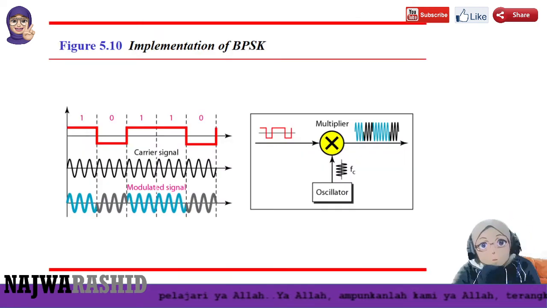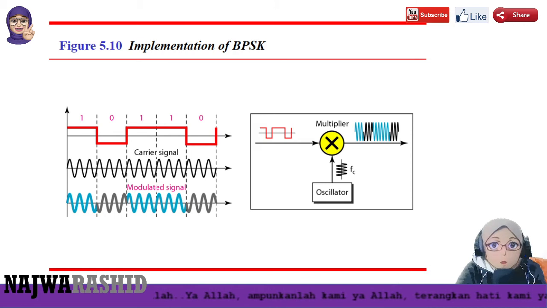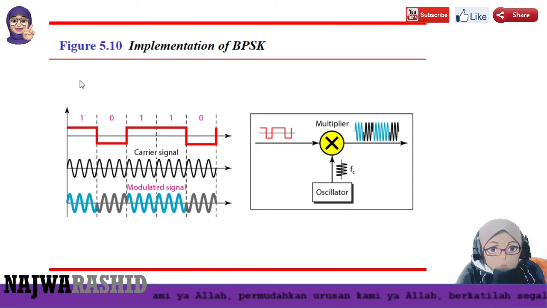Okay, how do we implement it? We use the oscillator. Phase shift keying means we change the phase. Let's say we have the data here. This is our digital data, and then we use the oscillator in order to create the carrier frequency.